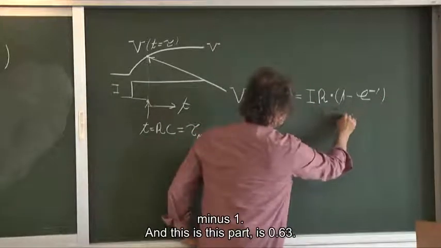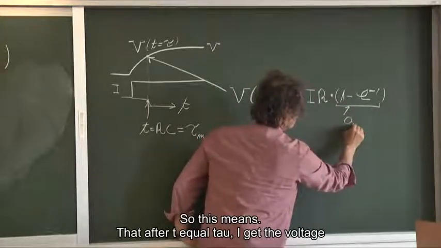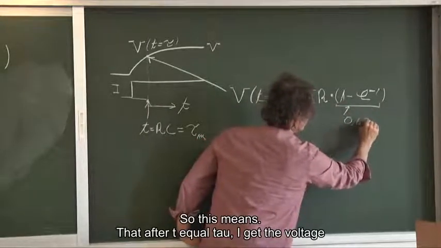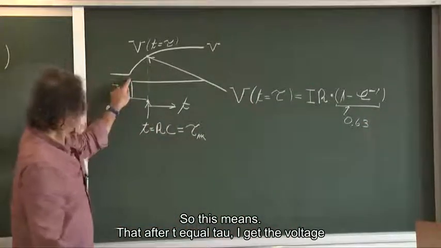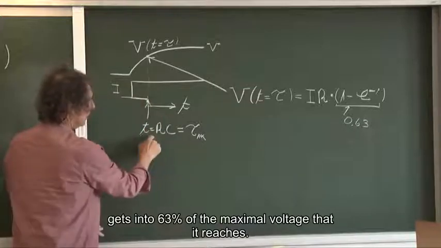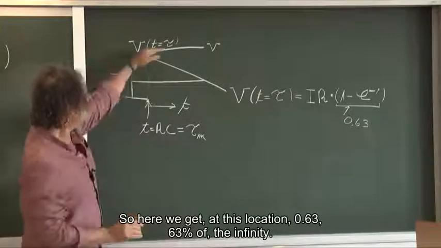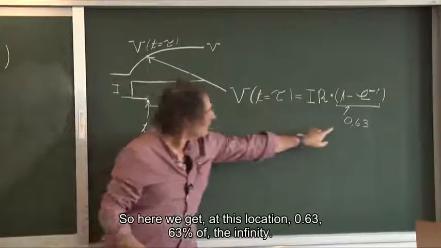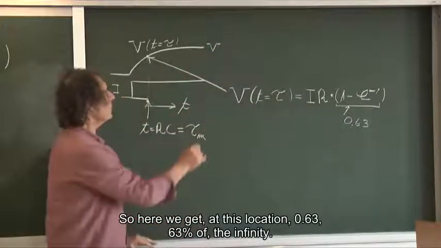And this part is 0.63. So this means that after t equal tau, the voltage gets to 63% of the maximal voltage that it reaches.